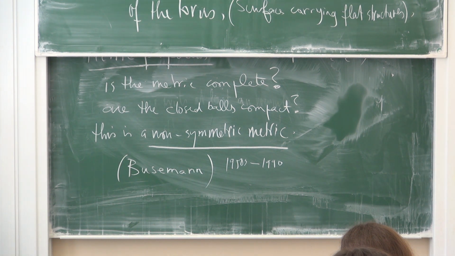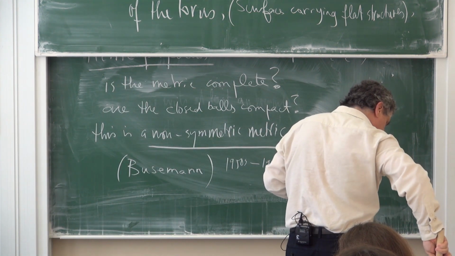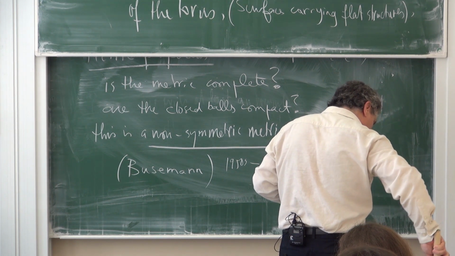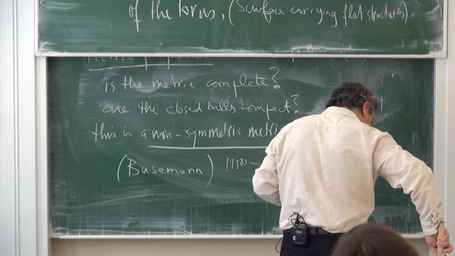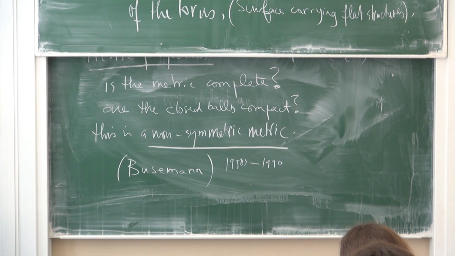When you talk about these closed balls, there are two kinds of balls. In fact, you have the right closed balls and the left closed balls, and there are very interesting examples of metrics where the right closed balls are compact, but not the left closed balls.